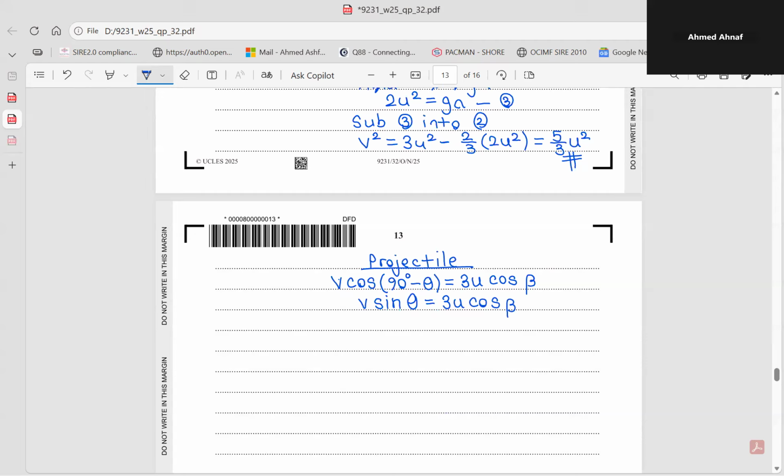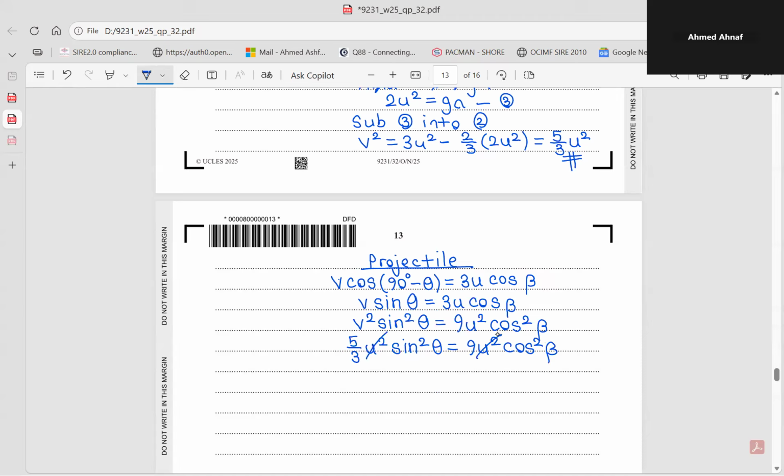To make things easier for us, we're going to square both sides. So V squared sine squared theta equals 9U squared cos squared beta. We know what V squared is, it's 5 over 3 U squared, so 5 over 3 U squared sine squared theta equals 9U squared cosine squared beta.